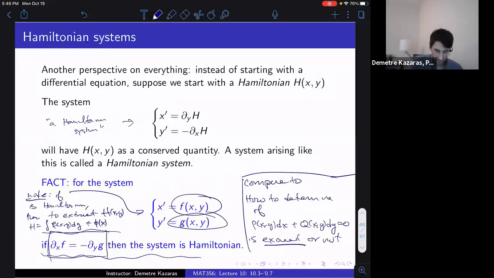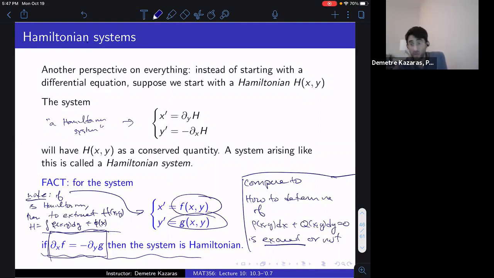Then you can figure out what that phi function is by taking the derivative of it and knowing it should be equal to minus g. We'll do this in practice, but that's how you would find what h is.